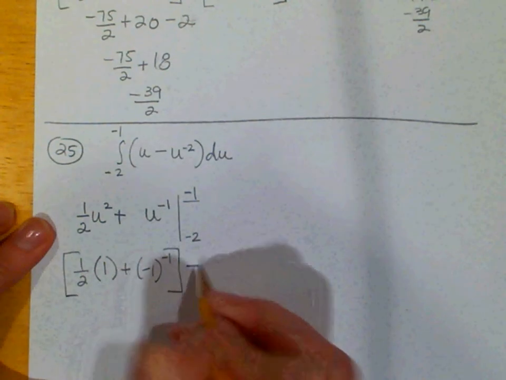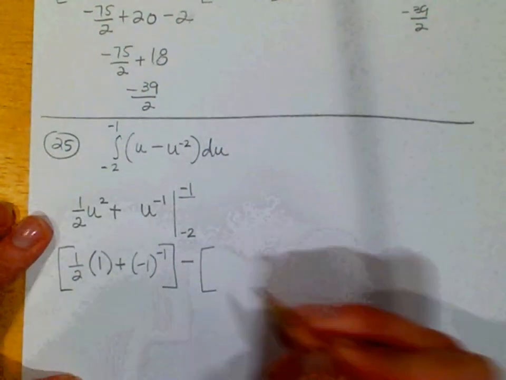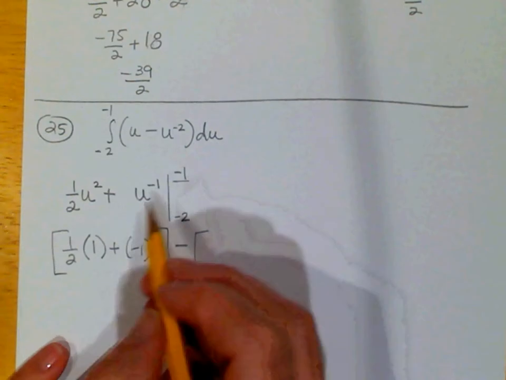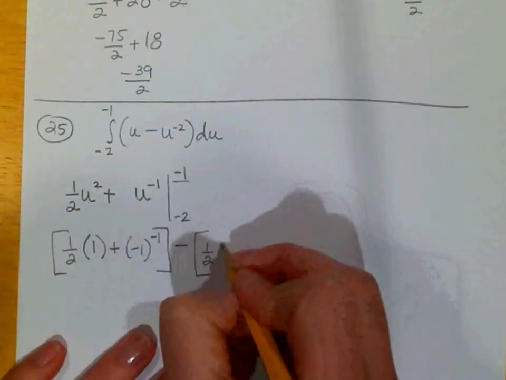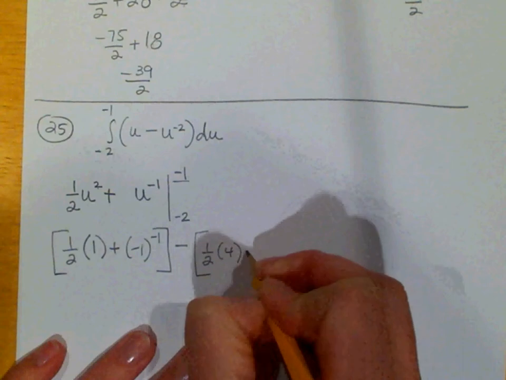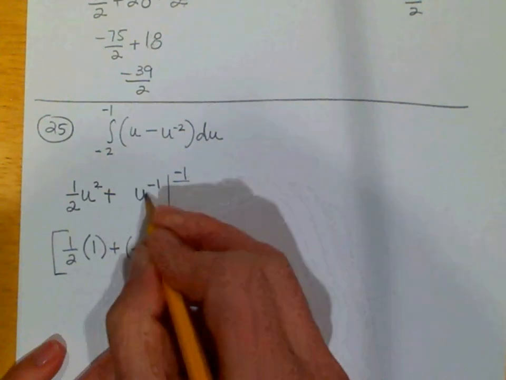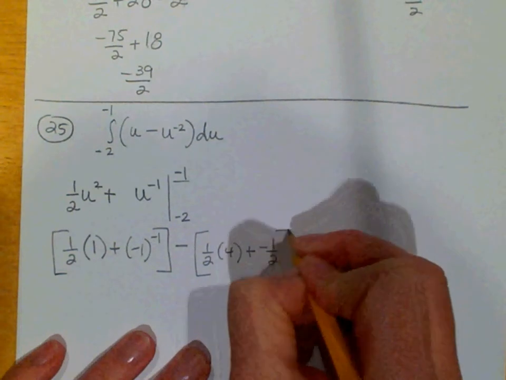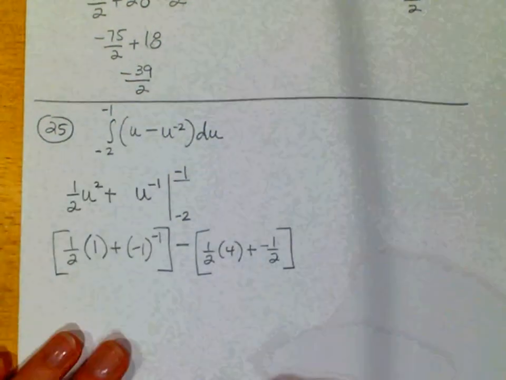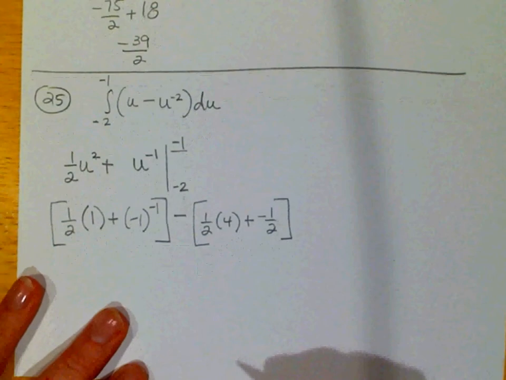minus, now substitute in a negative 2. So I have 1/2 times negative 2 squared, which is 4, plus negative 2 to the negative 1, so let's just call that one negative 1/2. It's a mess, but that's why it's non-calculator, because you can do this.